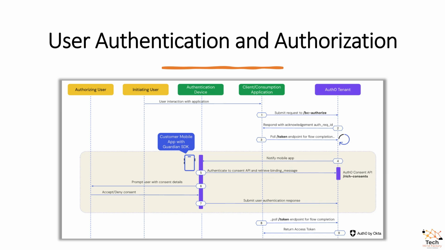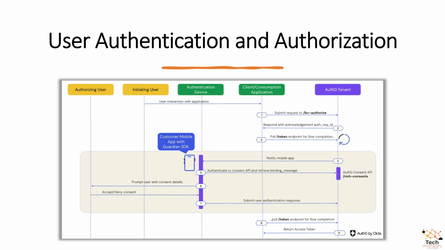Again, the application is sending requests to the bc-authorize endpoint on the Auth0 side. And basically, this application in a response will receive an authentication request ID, a unique identifier of this transaction. And then the application is polling the token endpoint to check whether the user accepted or rejected the request.